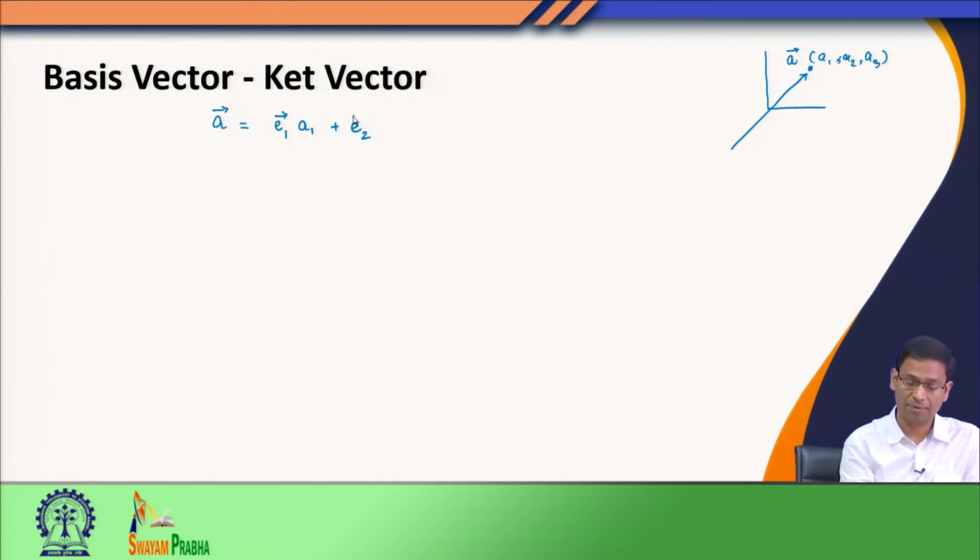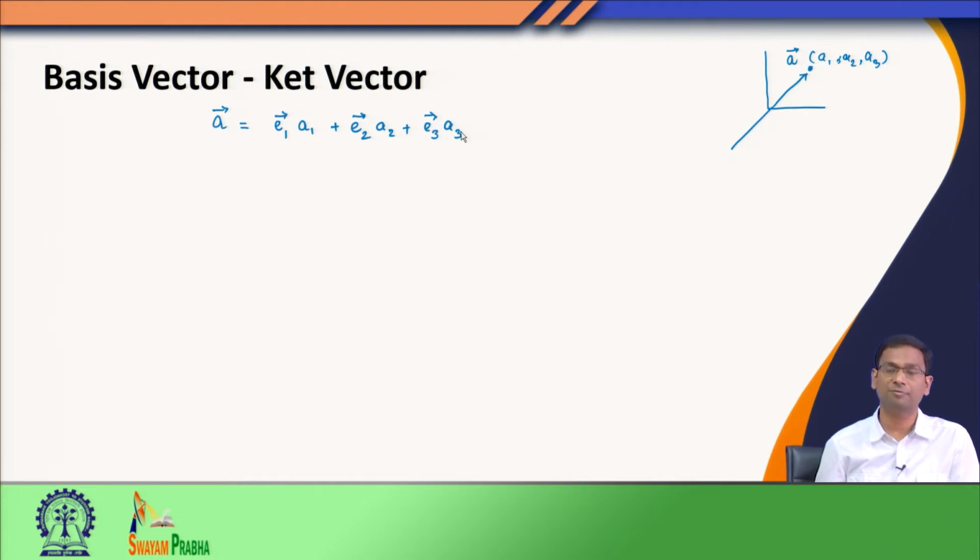Similarly, I have E2, the unit vector. So, here E1, E2, E3 are the 3 unit vectors if we are discussing a 3-dimensional space. In other words, I can write the sum over i from 1 to 3 of EI AI.